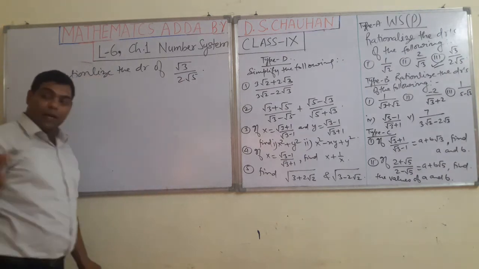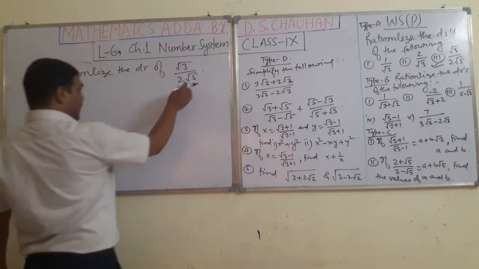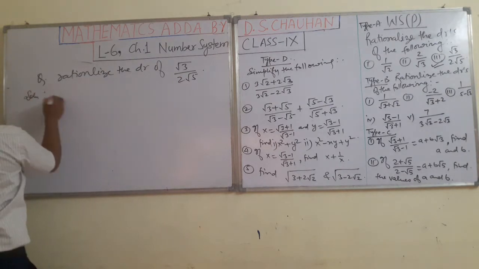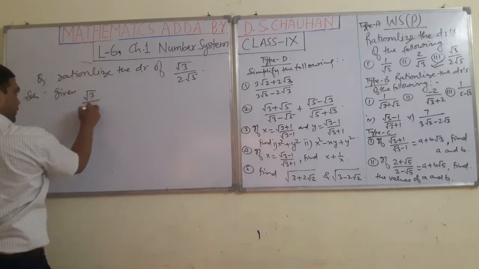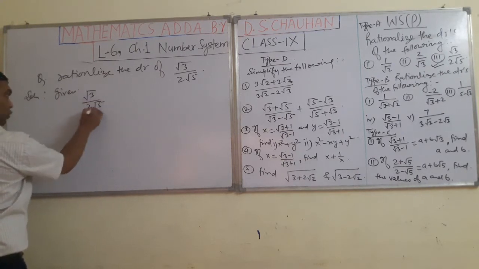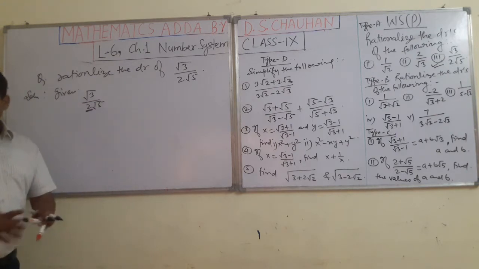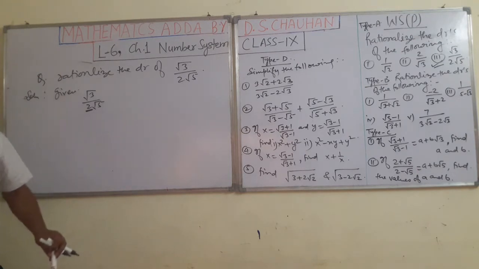So 2 under root 5 is also an irrational number, because you know rational into irrational is irrational. So now the solution. See how easily to do it. Given under root 3 upon 2 under root 5. See, 2 is a pure rational number while under root 5 is an irrational number. Okay students, now we have to rationalize the denominator.